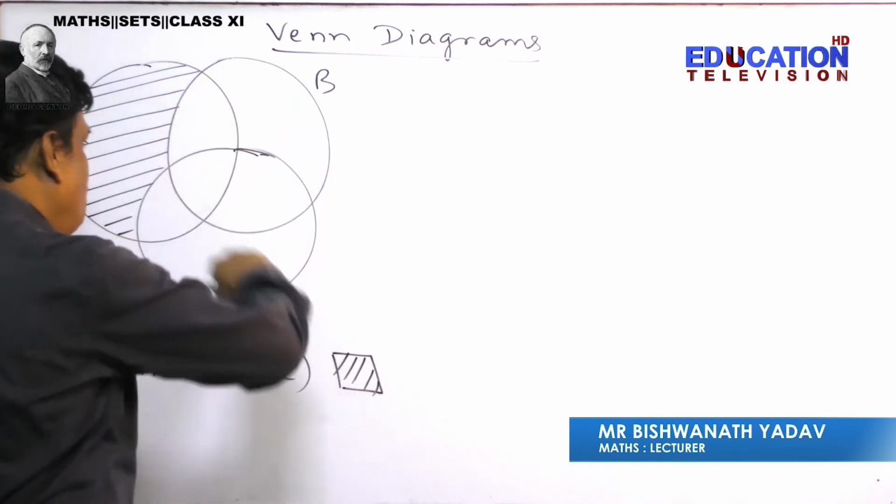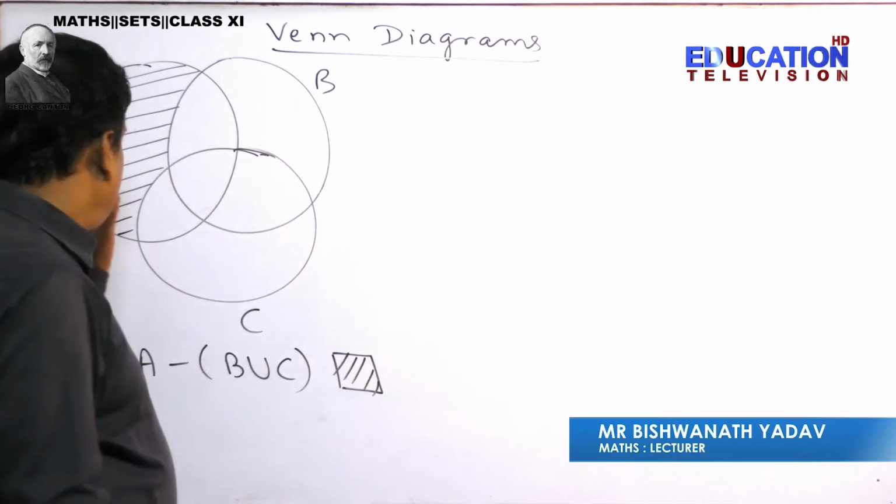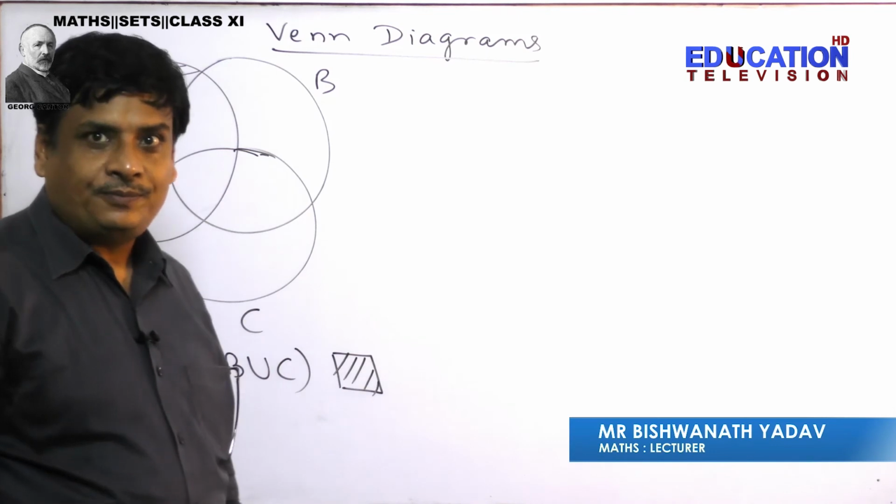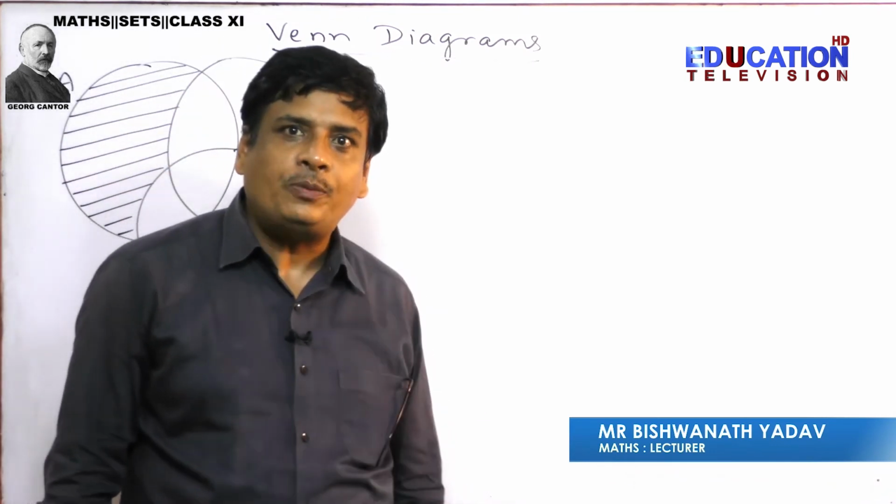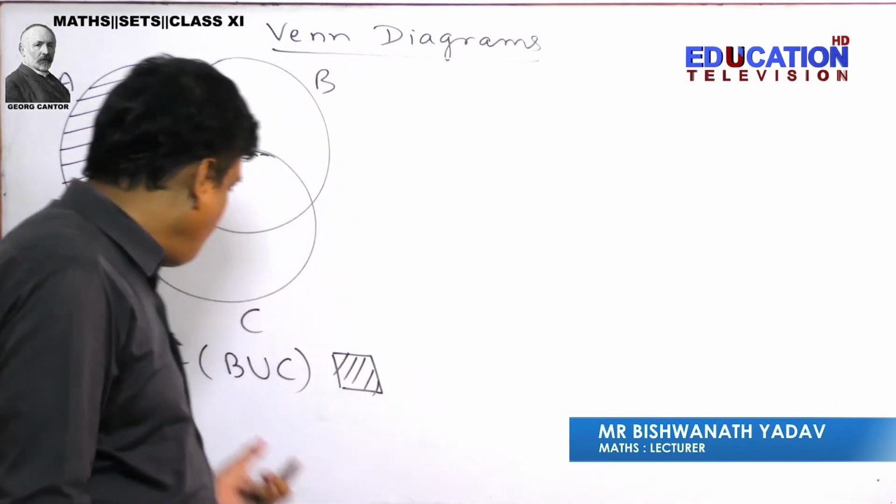When you exclude the part formed by the union of B and C from A, what is the remaining part of A? The difference of two sets.